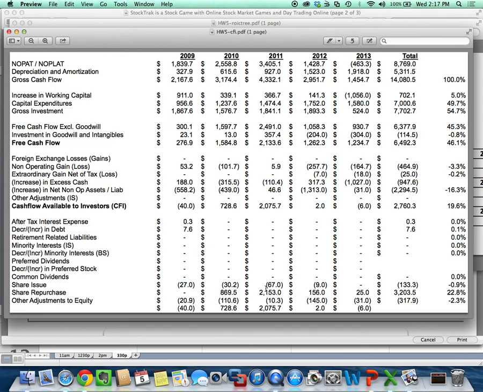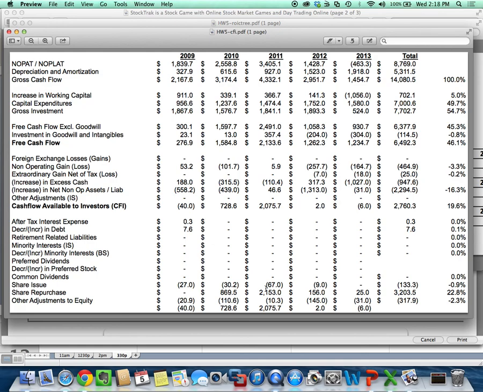Operating, which is free cash flow, non-operating cash flows, what's happening to the debt cash flows, what's happening to the equity cash flows, and again, referring to specific numbers along the way. So, over the last 5 years, this company generated $14 billion of gross cash flow.